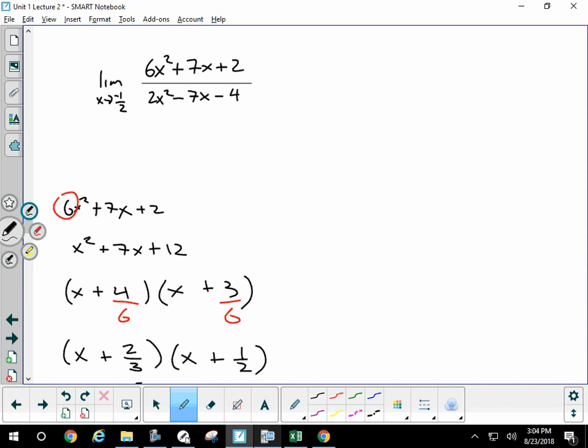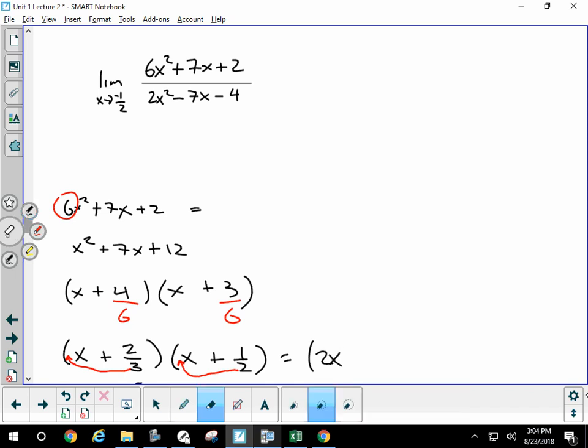It doesn't give you the factored form, but it gives you the roots, negative 1/2 and negative 2/3. And then to get the correct factored form, whatever's left in your denominator, throw that in front of the x. And we get the correct factored form, 3x plus 2 and 2x plus 1.